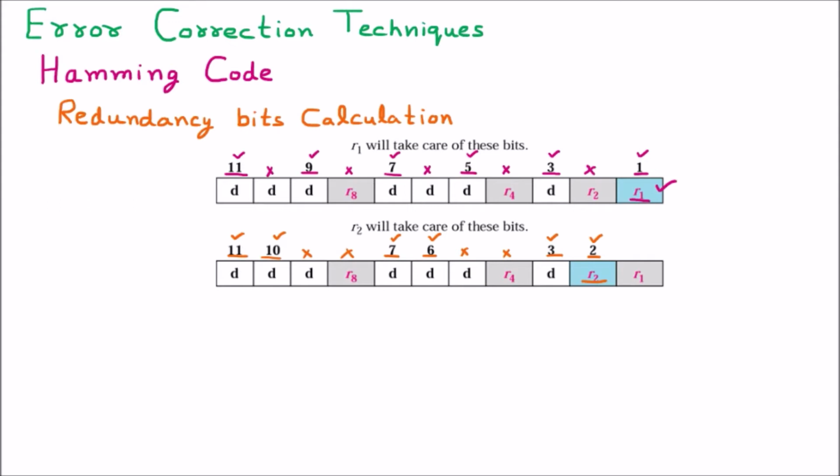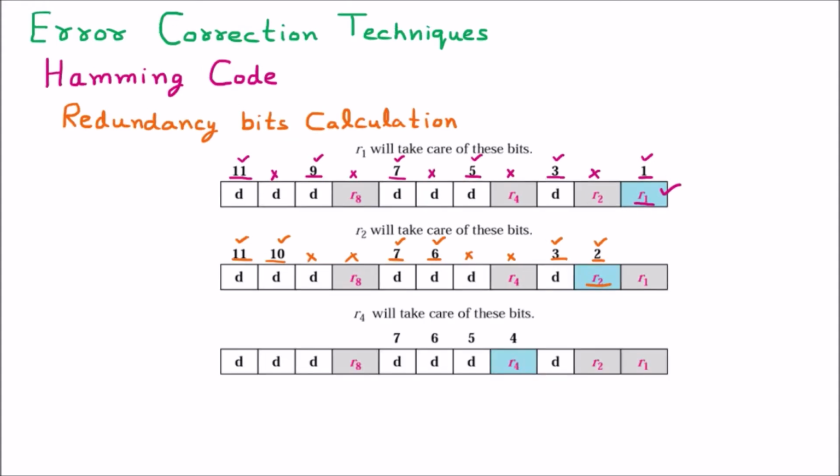Now we are learning which data the next redundancy bit, R4, is going to take care of. R4 means you should understand 4. From this redundancy bit, take out the 4: 1, 2, 3, 4. So 4 we have taken, that means 4, 5, 6, 7 are going to be taken care of.